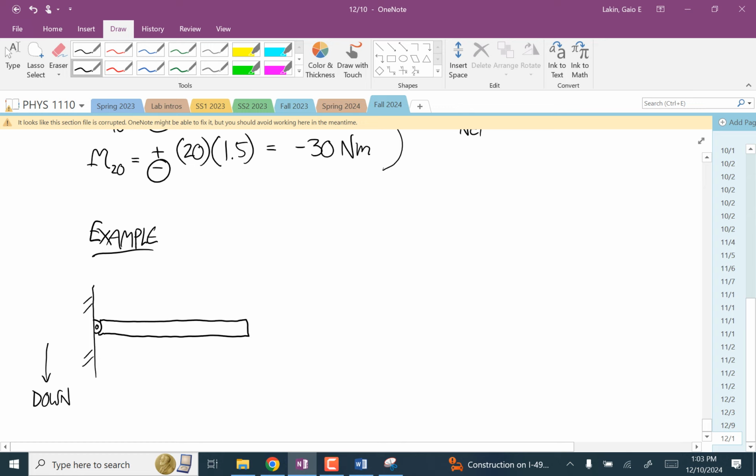And let's say that this board has a mass of 10 kilograms and a length of 2 meters. And we want to know what's the angular acceleration of this board.